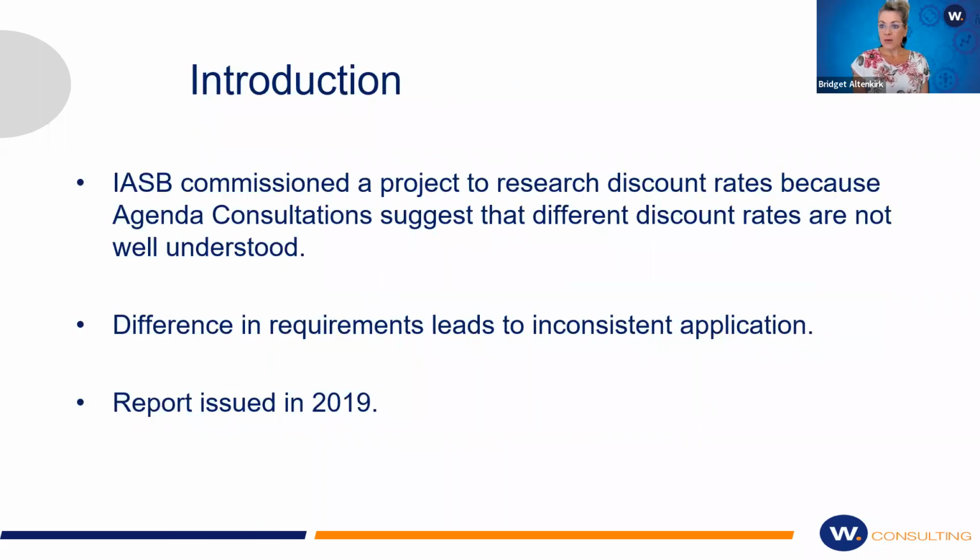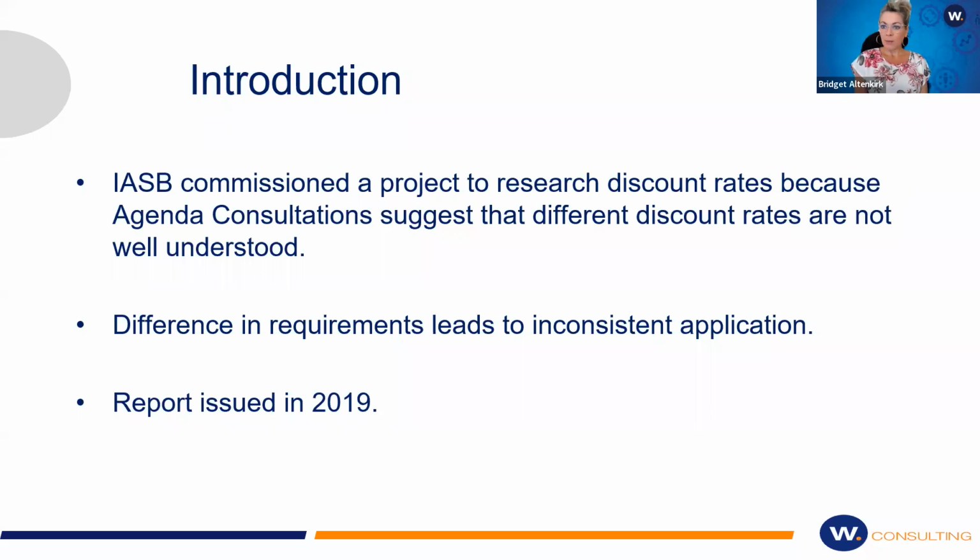So as I said to you, the IASB commissioned a project to research discount rates because feedback that they had received over the years suggested that different discount rates are not well understood. As you will see when we go through the guidance, the standards contain different requirements as to what discount rates should be used and what should be taken into account when determining the appropriate discount rate to be used.